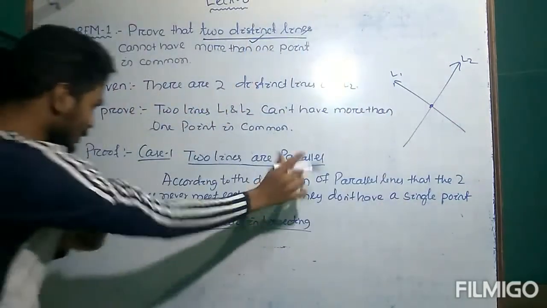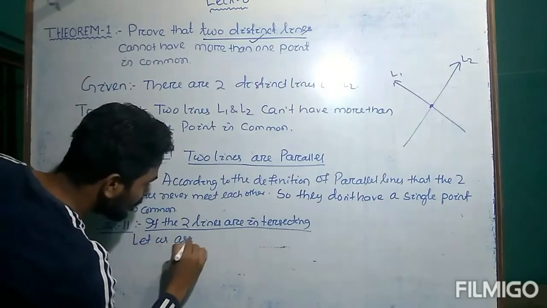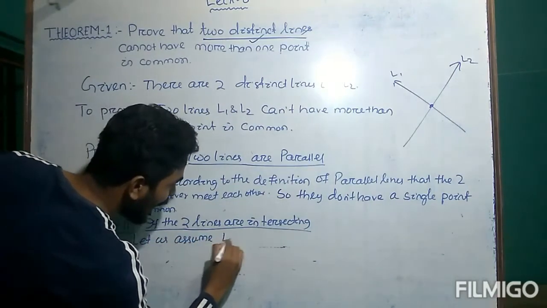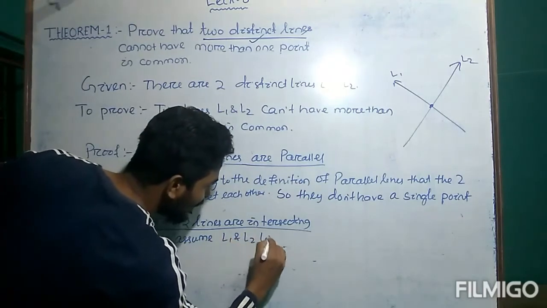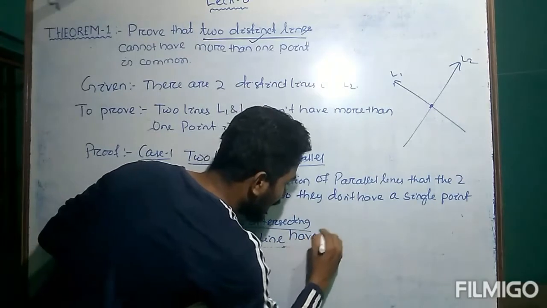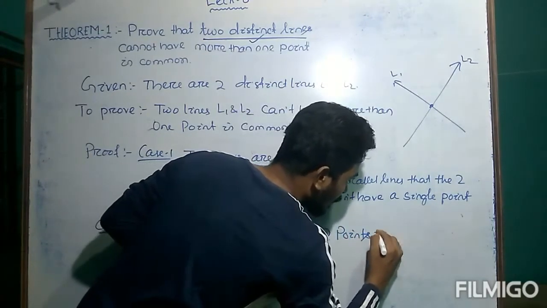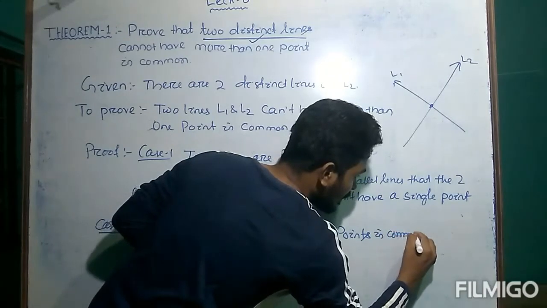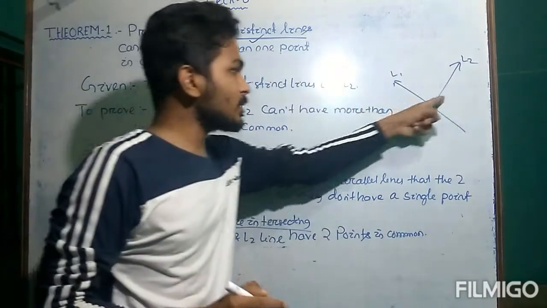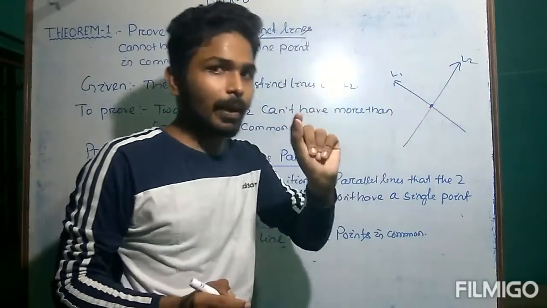So let us assume L1 and L2 lines have 2 points in common. As we know, two intersecting lines will meet each other only at a single point.